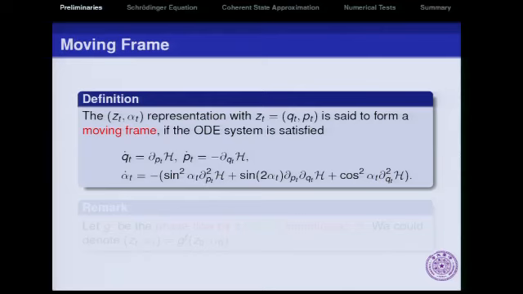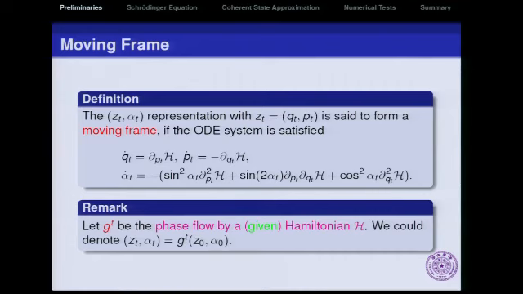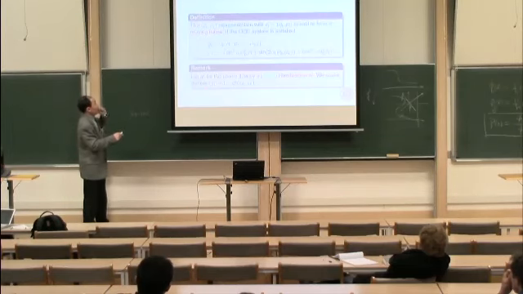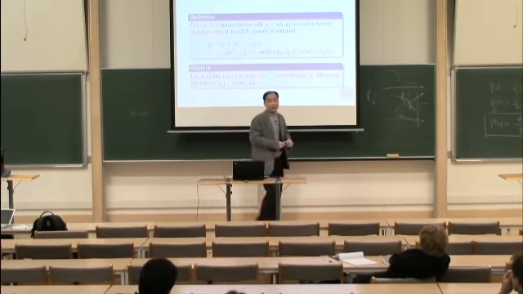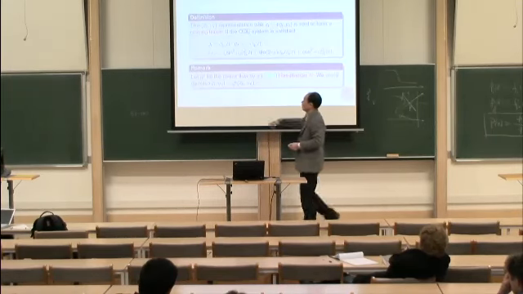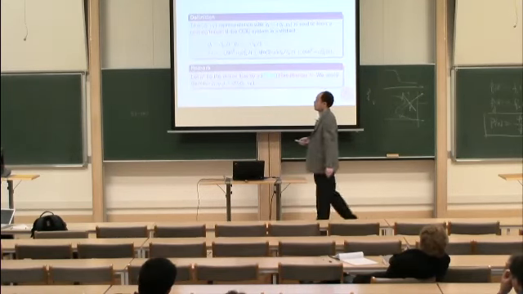The point changes following the Hamiltonian flow, and the direction angle also changes. So this is the so-called moving frame. Given a Hamiltonian H, you determine a Hamiltonian flow, and if I denote G_t as the phase flow induced by the Hamiltonian H, then we could denote this moving frame like this. It's a displaced representation. It depends on the variable t.